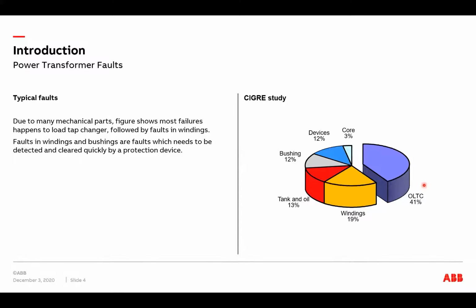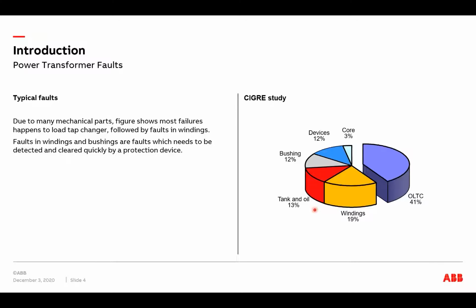And looking forward, we can see that also a quite big part of the faults will happen in the windings. And we will also have faults related to tank and oil and bushing as quite big portions of all the faults.